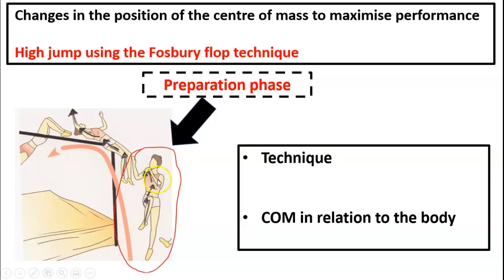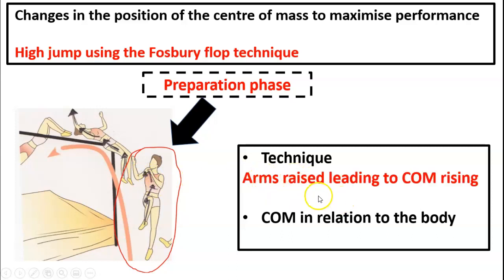Now you should remember from earlier in the screencast, I said if your arms raise, this will lead to a change in the position of centre of mass. So in this case, our arms are raised, leading to our centre of mass rising. It will go from what would have been a little bit lower down here, and it will move up to here when their arms raise.